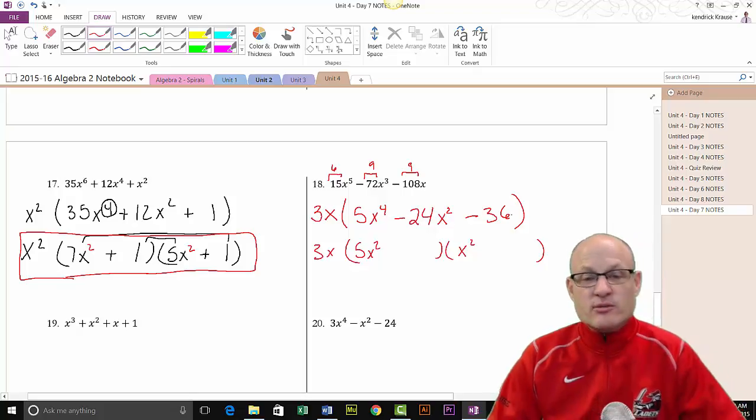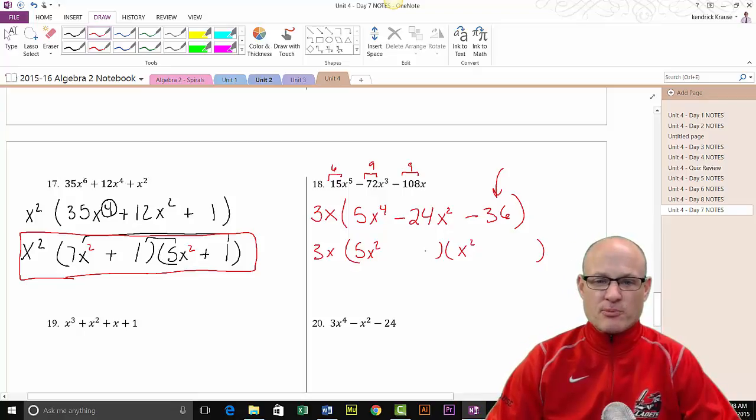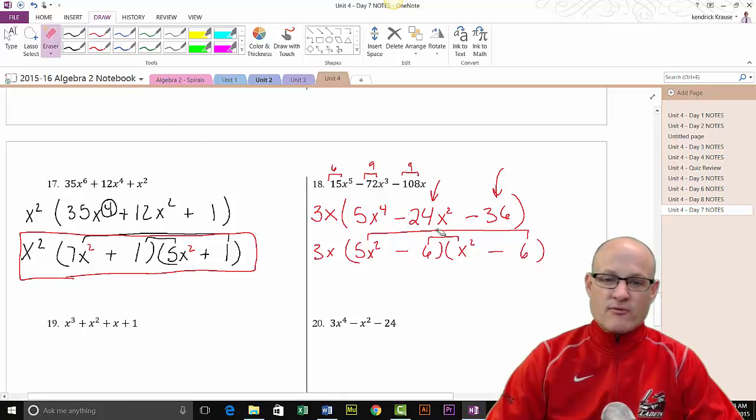I just don't know what the rest of it's going to be. So they got to multiply to 36 and add up. So the easiest way to multiply to 36 is 6 and 6. Let's see if that works. That's 30, and that's 6, and I can make a 24 out of that. So since I want the larger thing to be negative, this has to be a minus, and this has to be a plus. So there's my final answer.